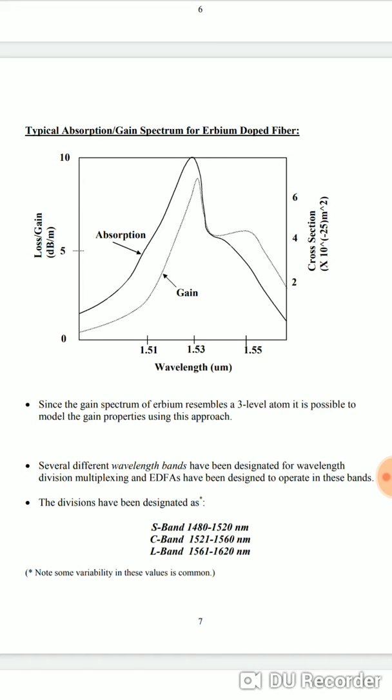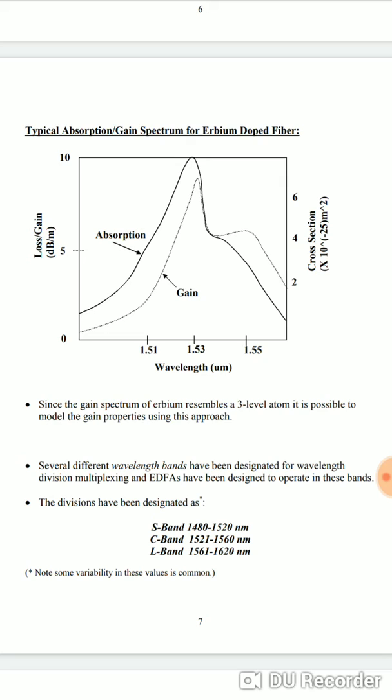First is the typical absorption or gain spectrum of erbium doped fiber. The graph is about loss or gain versus wavelength, showing how the gain changes with variation in wavelength. On the x-axis we have wavelength, and on the y-axis we have the loss or gain.